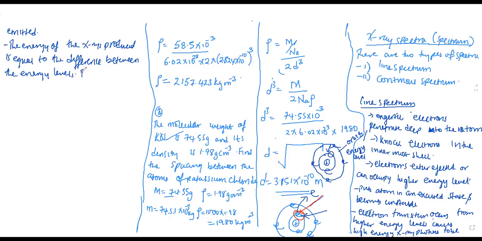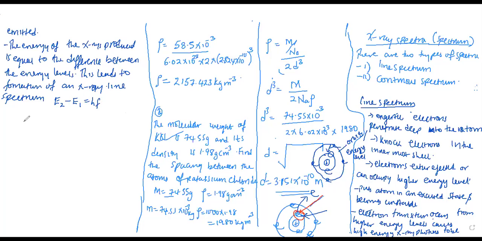This leads to the formation of an X-ray line spectrum. So this means E2 minus E1 is equal to hf.